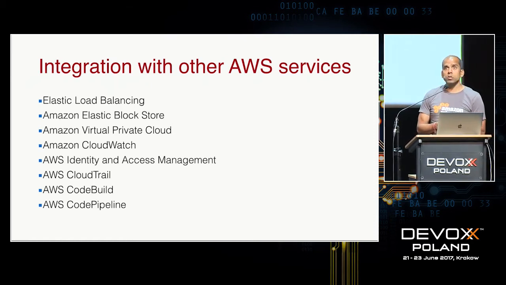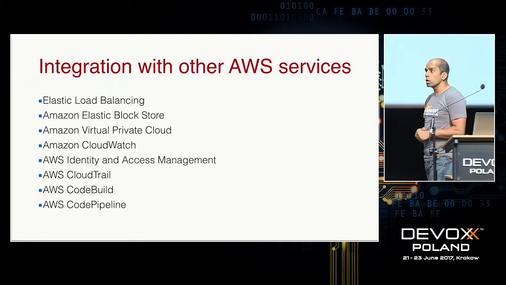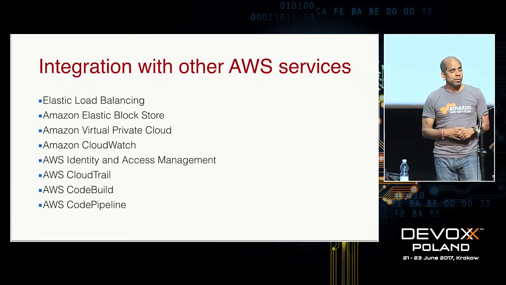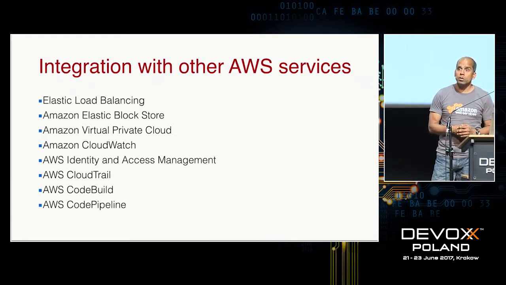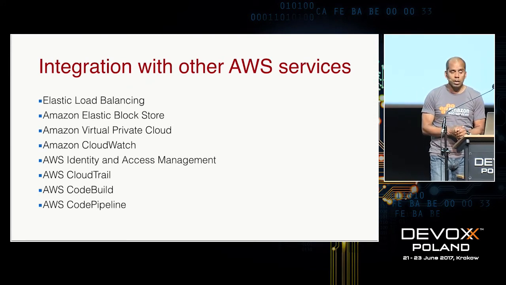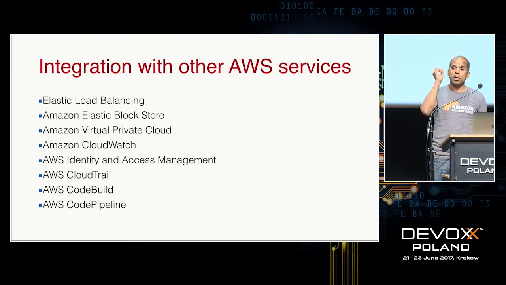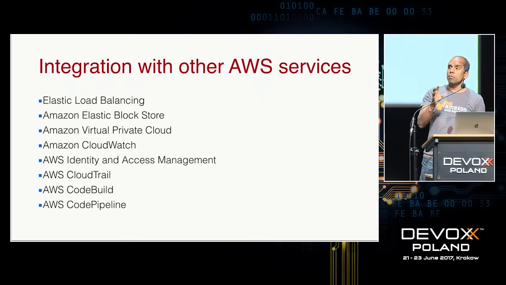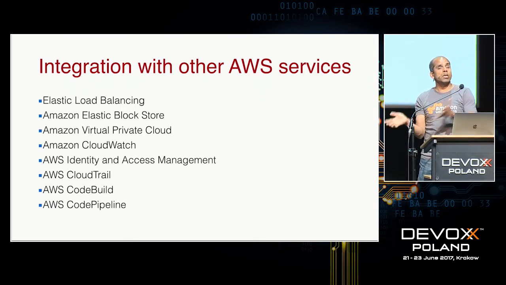Of course, everything is also trackable using CloudTrail, and it is very well integrated with CodeBuild and CodePipeline. So think of CodePipeline as a container. CodePipeline is where you will have your build system all set up. Think of it as Jenkins actually is on AWS.